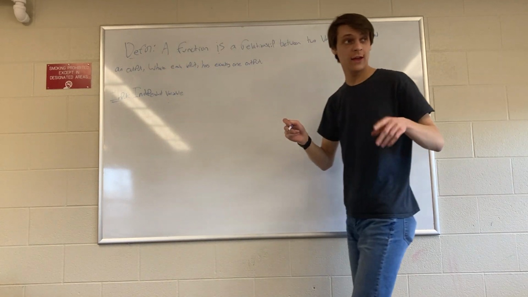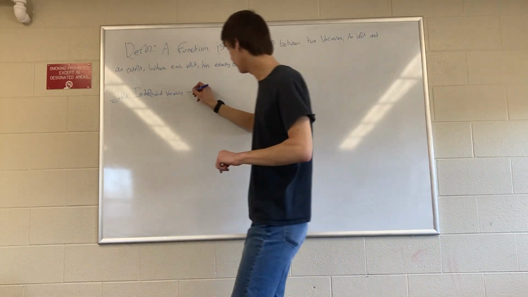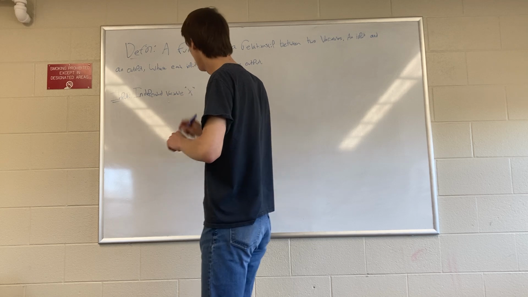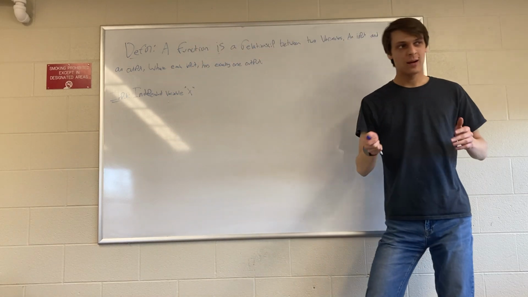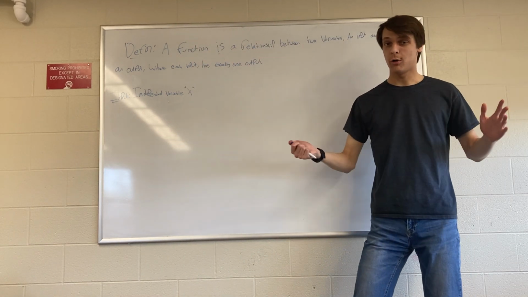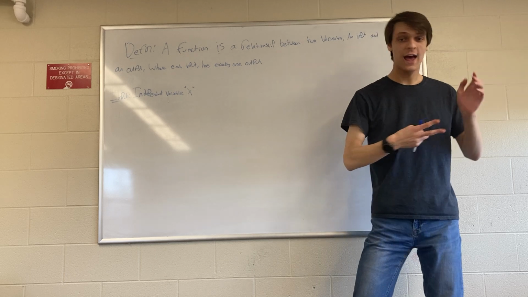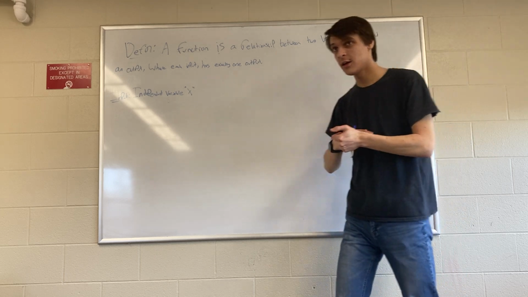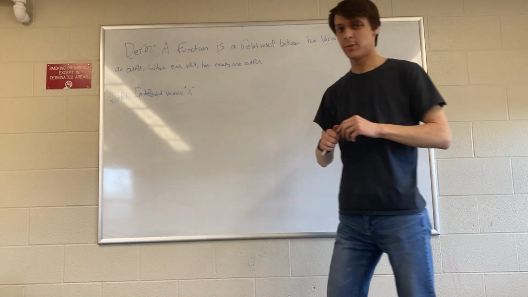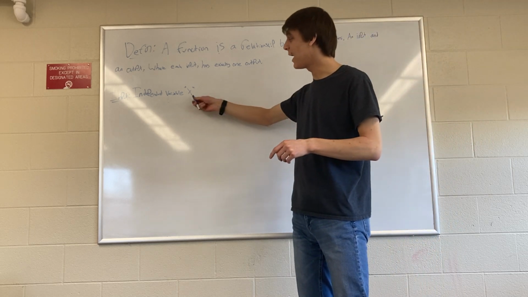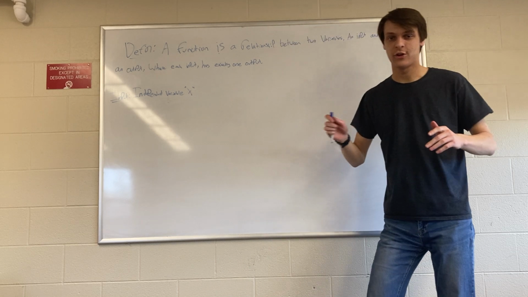And typically we call the independent variable x. Now we can call the independent variable whatever variable we want. We could call it t, we could call it s, we could call it c. It doesn't matter too much, but typically in math we call it x because that's what we've agreed upon as our independent variables or our inputs.